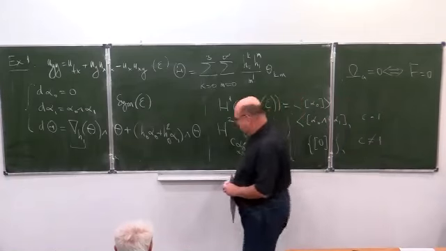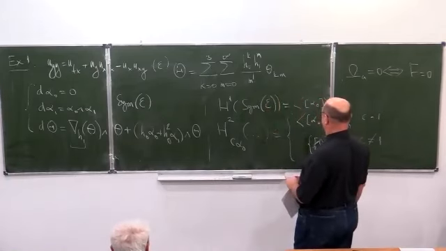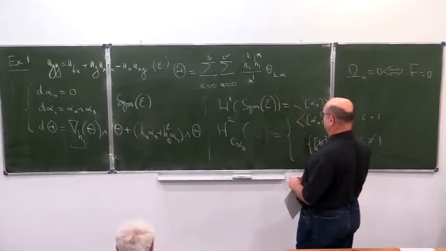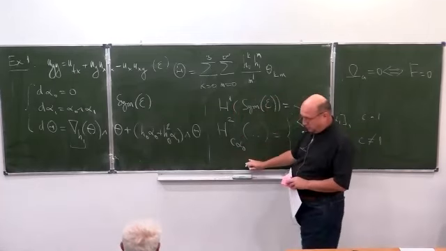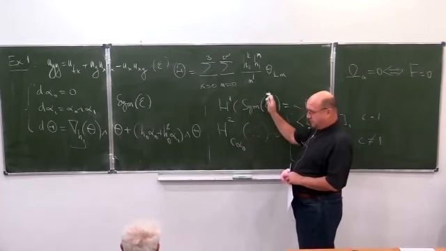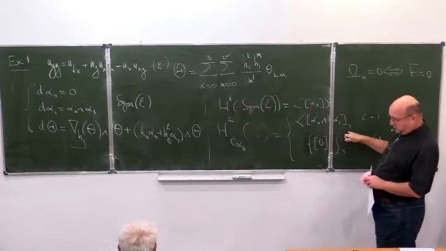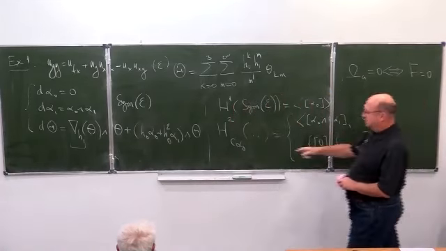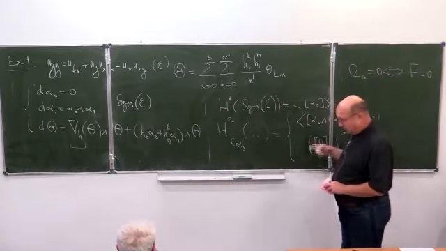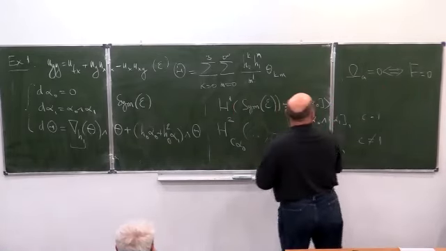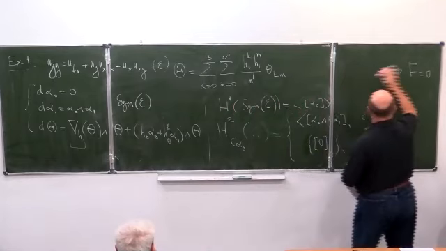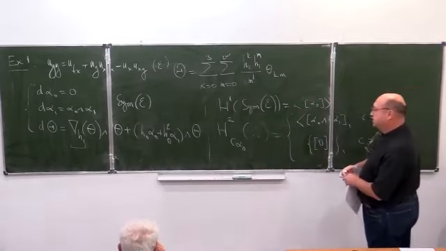So the twisted second cohomology of this algebra is one-dimensional when this parameter is equal to 1.